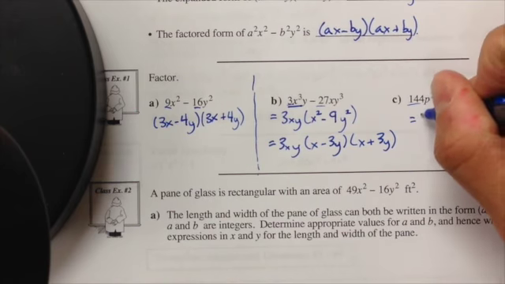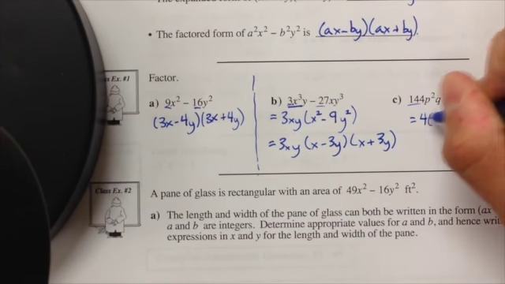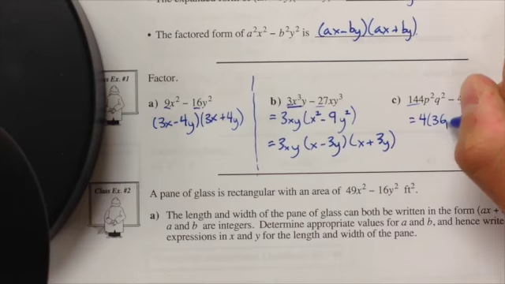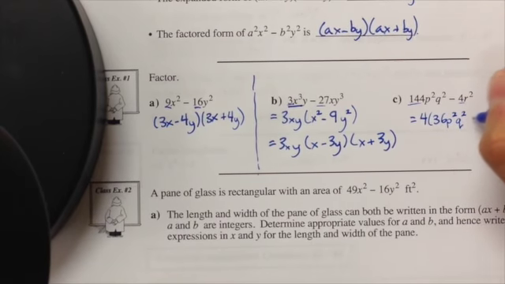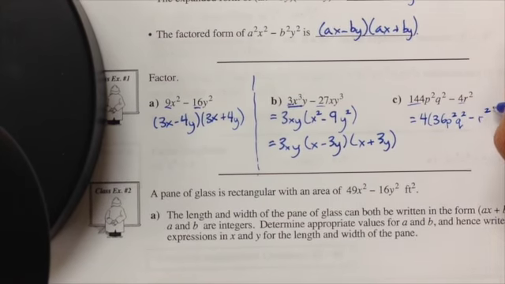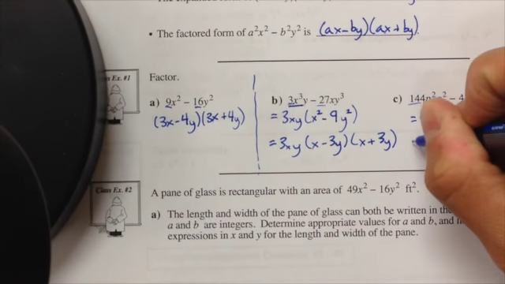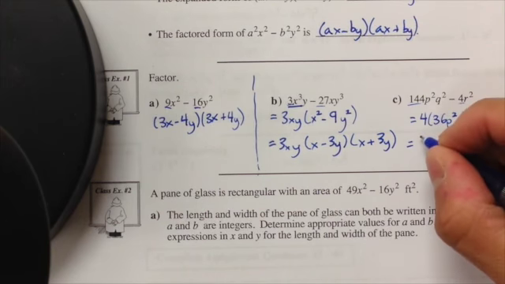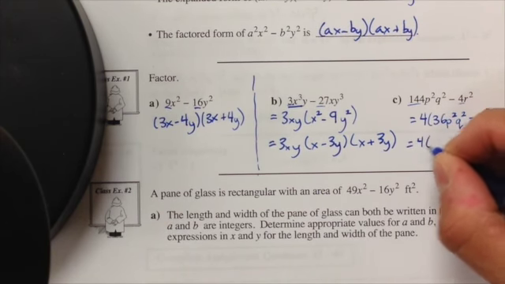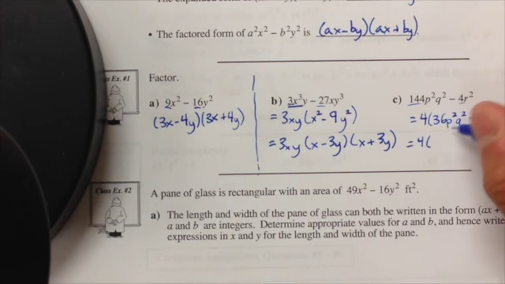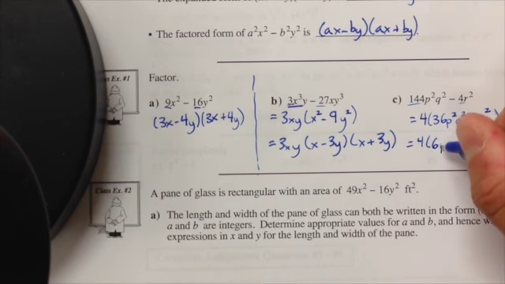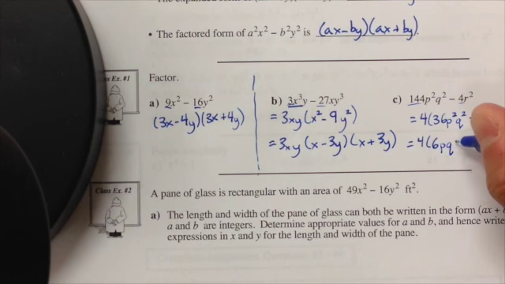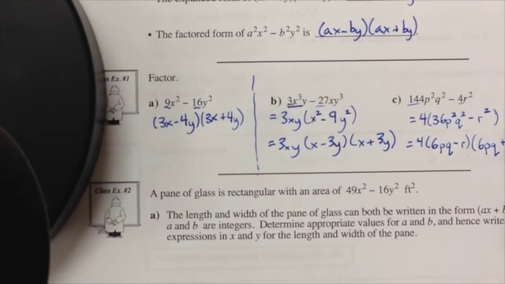And so if I take the 4 out of both of these, I'll be left with 4 times 36 p squared q squared minus r squared. Now I'll have a smaller difference of squares, which is good because I won't have to simplify it further. But when I take the difference of squares, I'll be left with 6pq minus r multiplied by 6pq plus r.